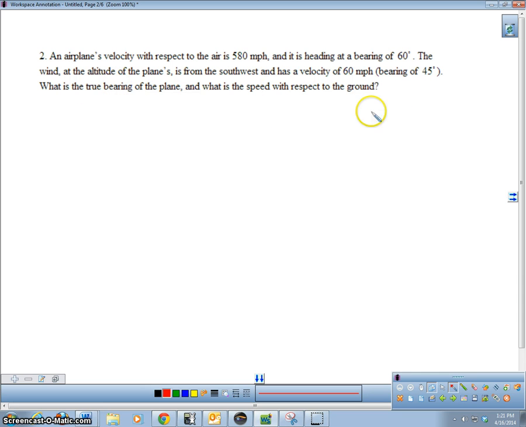We've got the word problem here, and I'm going to draw my vectors. I've got one vector that goes like this with a bearing of 60, so that means this is 30 degrees. The other one has a bearing of 45, which is right in the middle. My first vector, I'll call the vector of the airplane.